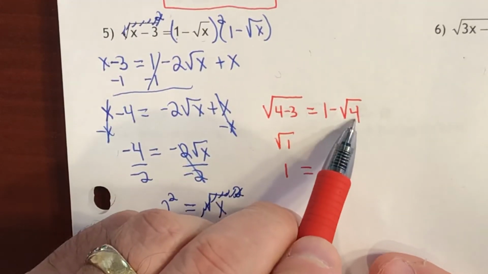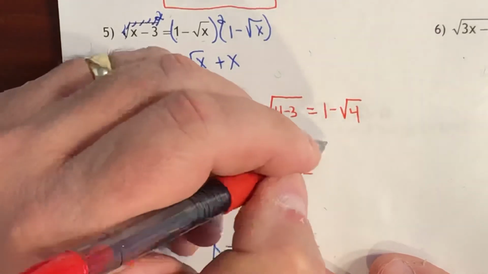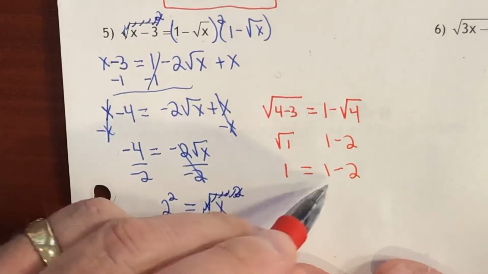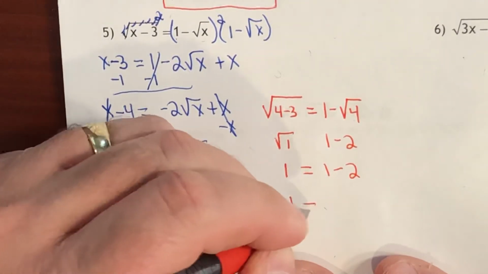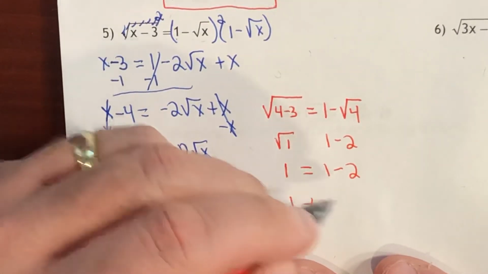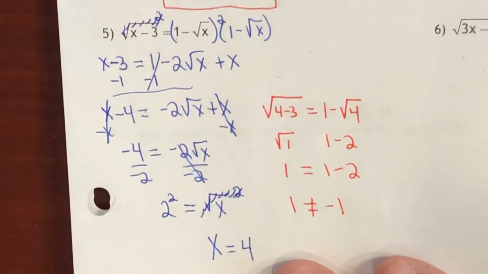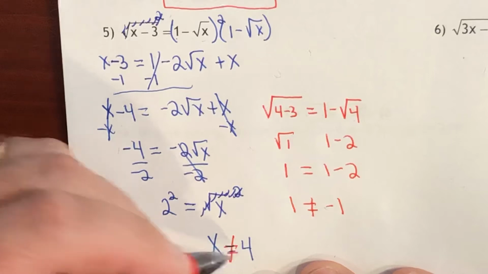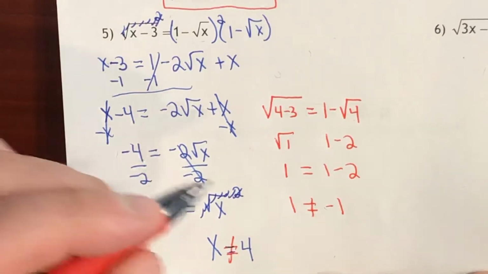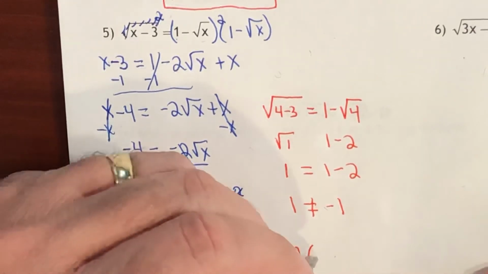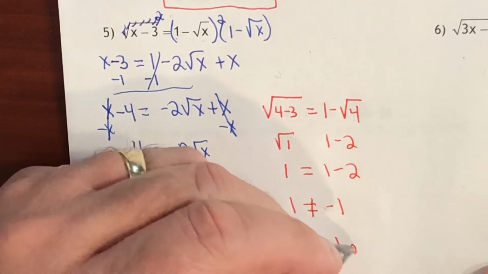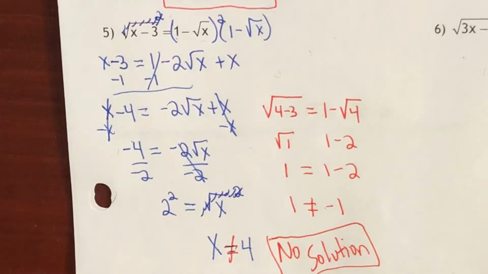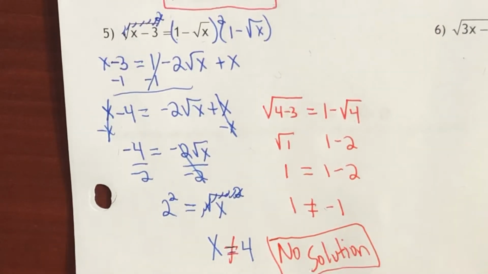Over here, the square root of 4 is a 2. So really what we have is 1 minus 2, and 1 minus 2 is a negative 1. 1 on the left does not equal a negative 1 on the right. So this does not work. It's not equal, and since we don't have any other values, it's no solution. No solution for that one.